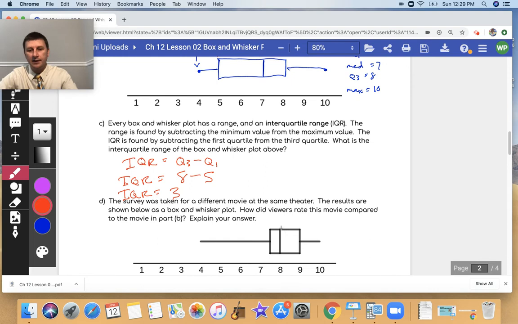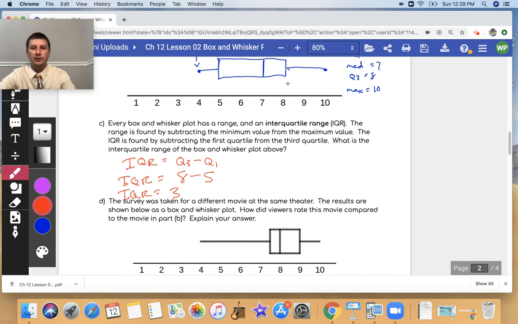The median of our data set down here is an 8, while the median was a 7. So half of the viewers that were asked believed it was a 7 or above, while half of the viewers that were asked up here believed that the movie was an 8 or above. So a quarter of the viewers believed it was a 9 or above down here, and only a quarter of the viewers down here believed that it was an 8 or above.